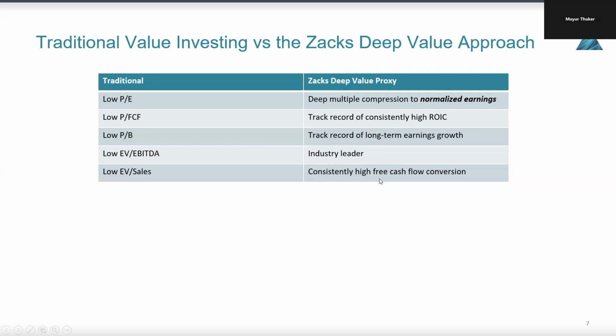And again, consistently high free cash flow conversion may not be the case currently because they're going through a difficult situation. But over time, we want to see evidence that the company can generate substantial levels of free cash flow, meaning they're able to convert a substantial portion of the net income that they report on the income statement into free cash flow. These are all pillars of quality that we look for.